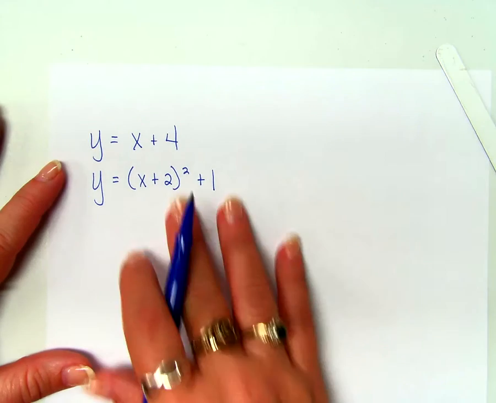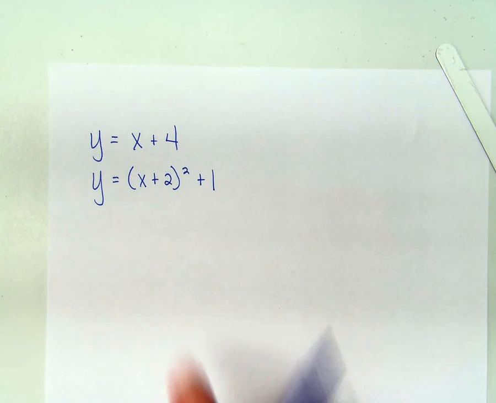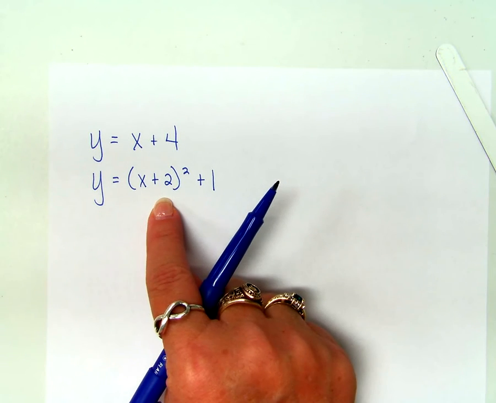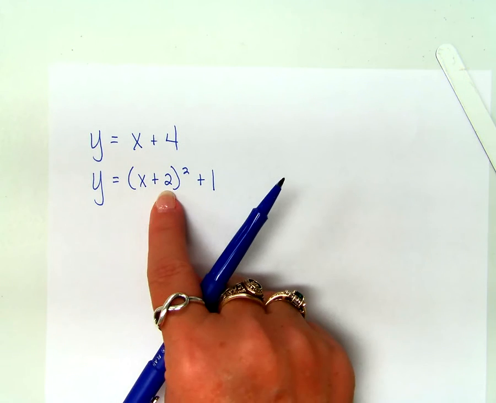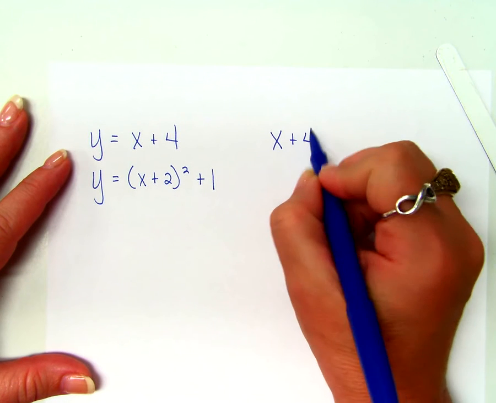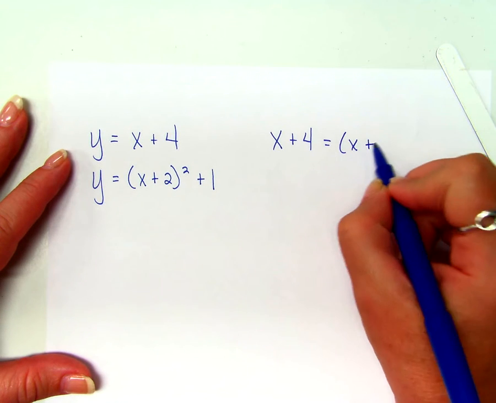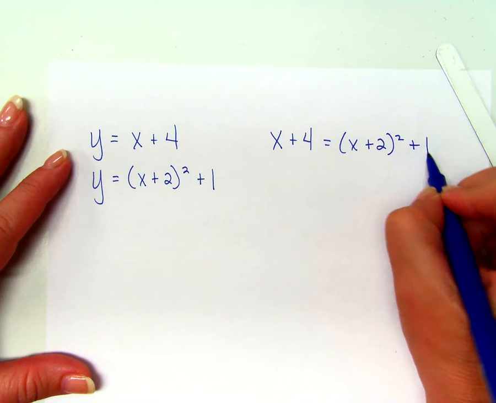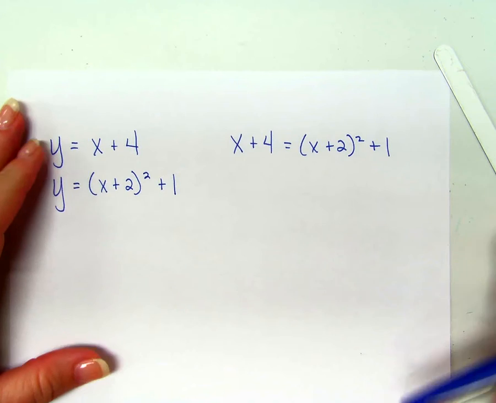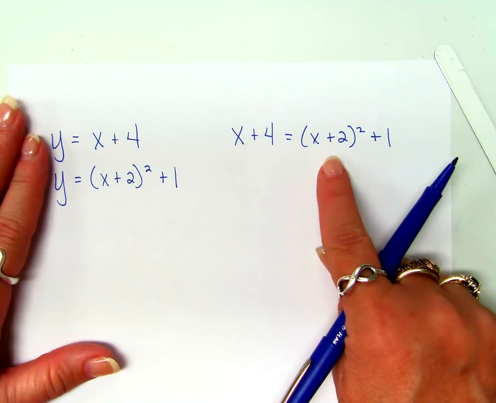So if I'm doing this by substitution, and I know y equals this, and y equals this, doesn't this equal this? Yes. So I'm going to write that down. x plus 4 equals (x plus 2) squared plus 1. Now what? I need to multiply it out, don't I?